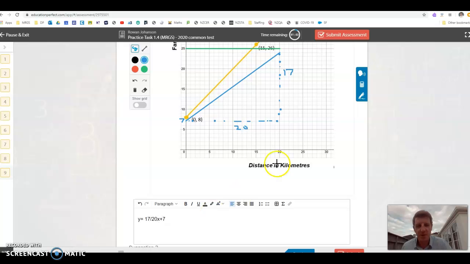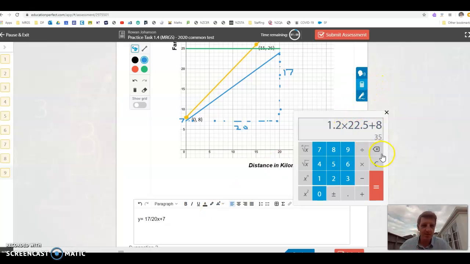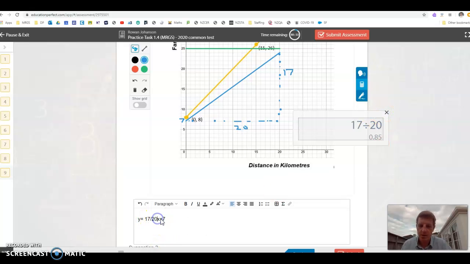Now, 17 over 20 is not a great sort of number. So we can have a look and see, can I put that as a decimal? So it's 17 over 20, 0.85. Oh, that's pretty good. So maybe a nicer way is 0.85x plus 7.